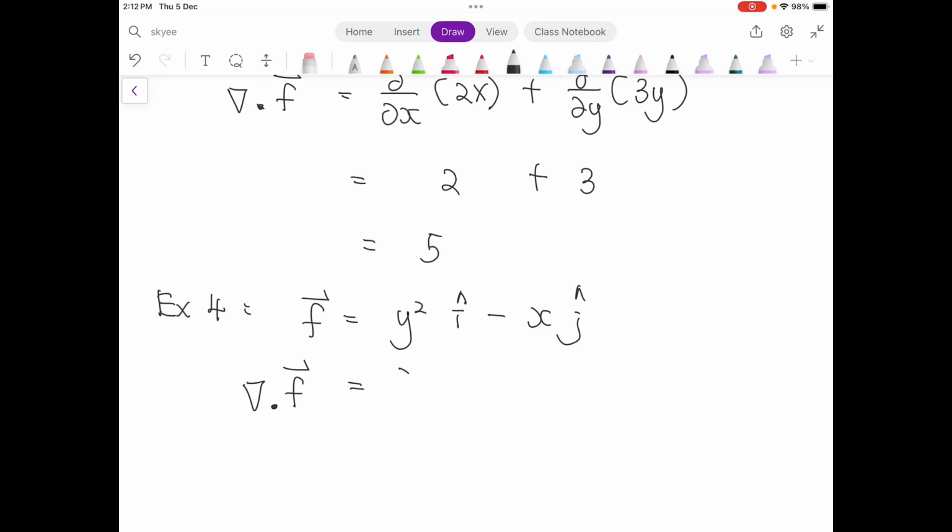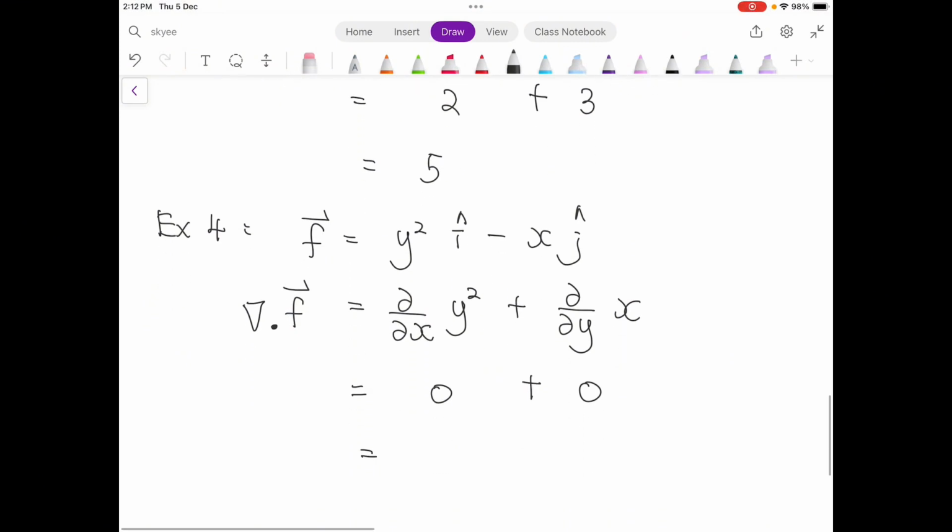So it will be equal to ∂/∂x, where we differentiate the i term, plus we differentiate with respect to y the j term. Here we don't have x in the i term, so it is 0, as well as the j part, which is 0. So it will be equal to 0.